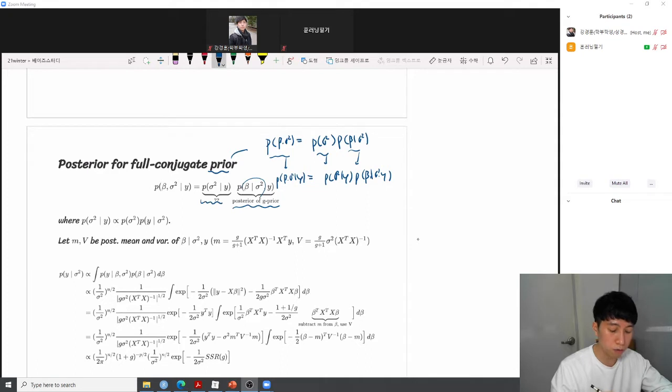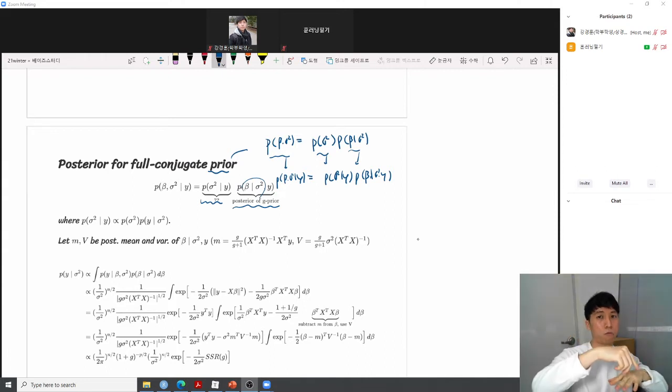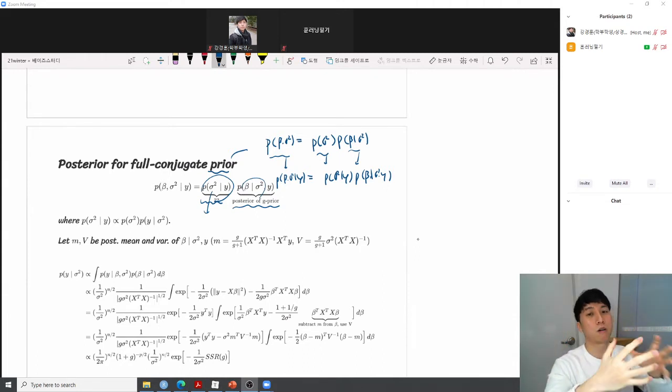This is a marginal posterior of sigma squared given y. So the marginal posterior is a posterior where beta was integrated out, right? Eliminated, which means this term measures the effect of y on sigma squared, where all the effects of beta were averaged.